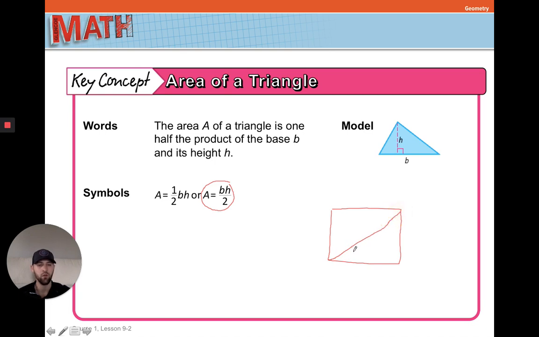What do you notice? What two shapes does that make after I do that? Hopefully you're thinking, well, I have one triangle here and I have another triangle here. The area of a triangle is just half of the area of a parallelogram. That's why it's divided by 2 here.